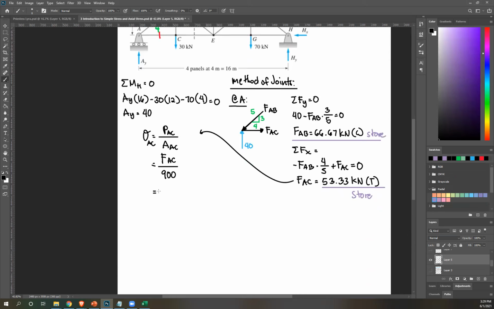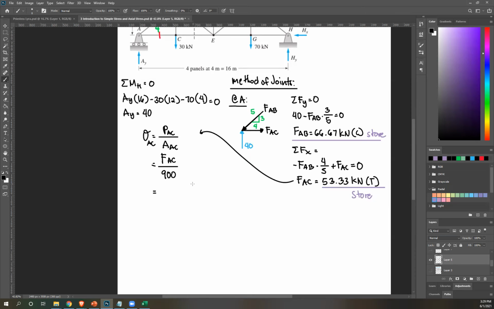Right, it's 59.26. So this is kilonewton divided by millimeter.